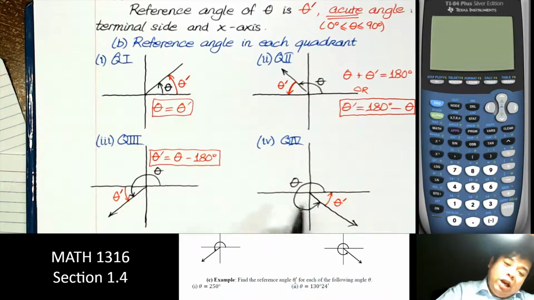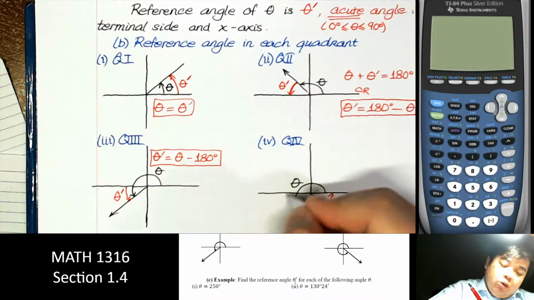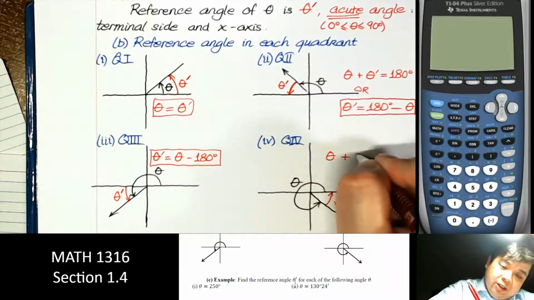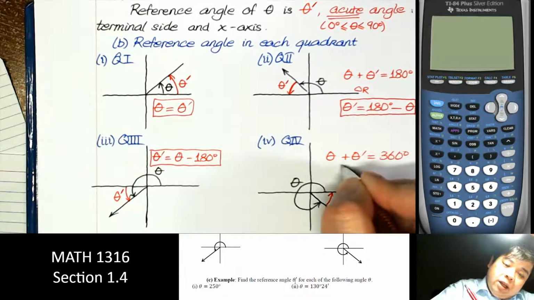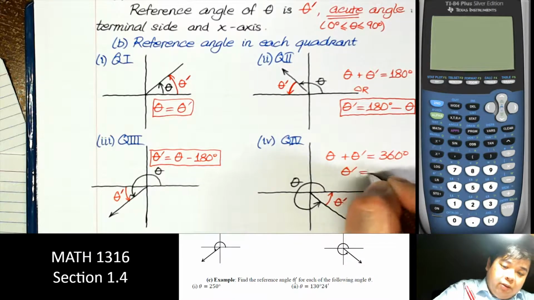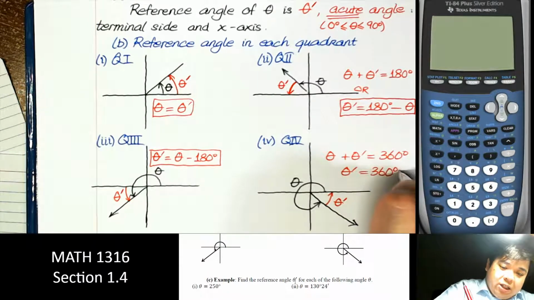So in this case, theta and theta prime together make up one revolution. So to solve for theta prime, 360 minus theta.